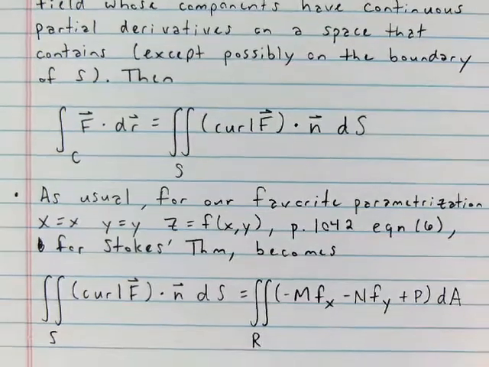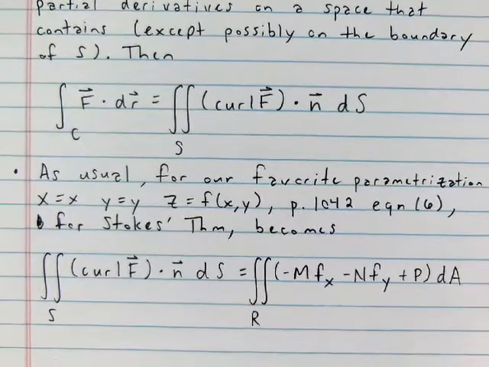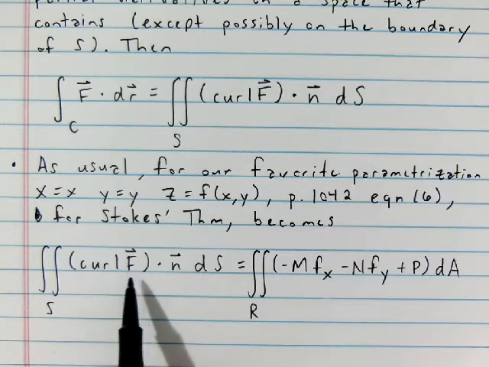But you have to be careful here that when you're using this in terms of Stokes theorem, this m, n, and p are not from F. The m, n, and p are from curl of F.